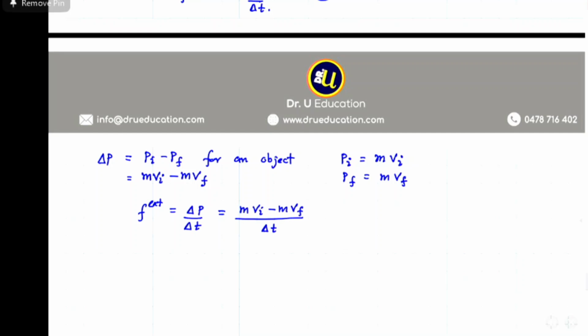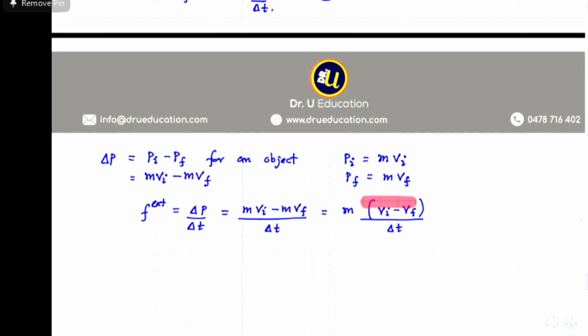Delta T. Then you can see M is common. Factorize it. You take M out. So Vi minus Vf, I'm going to write delta T underneath this. Right. So when you do that business, what is this here? Velocity difference divided by time. Go to grade 6 selective school. Speed difference divided by time. Speed divided by time? Acceleration. Distance divided by time? Speed.